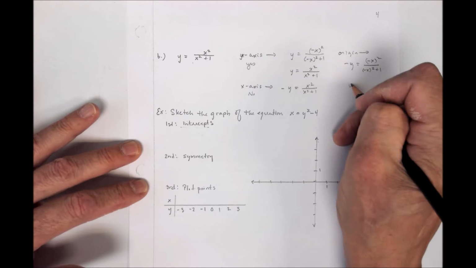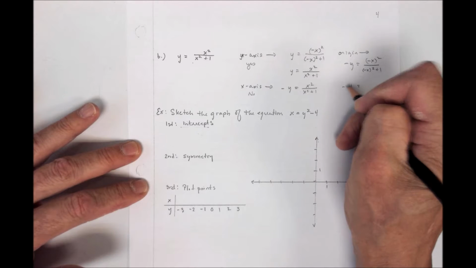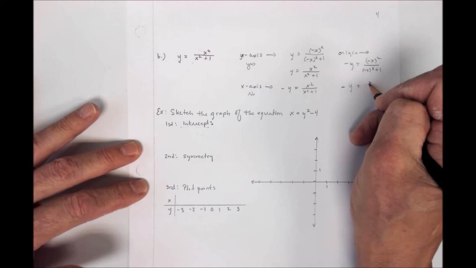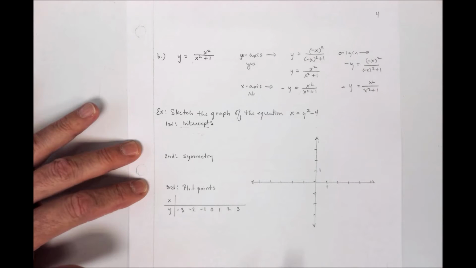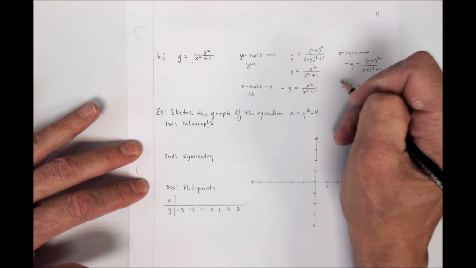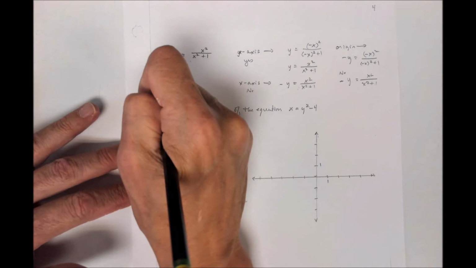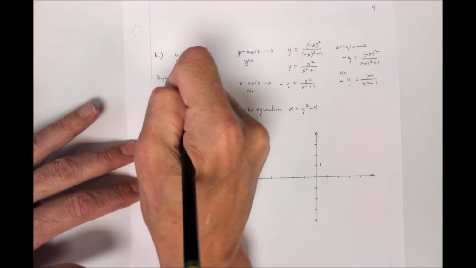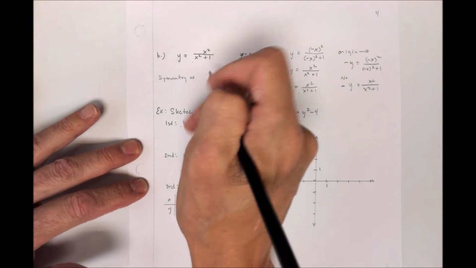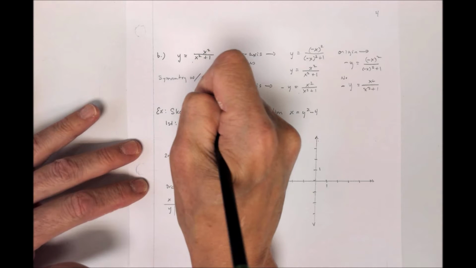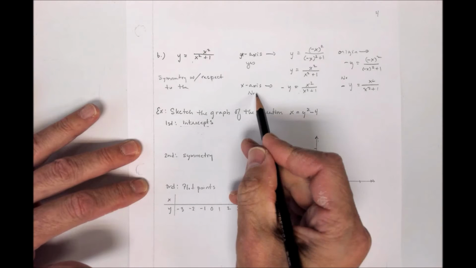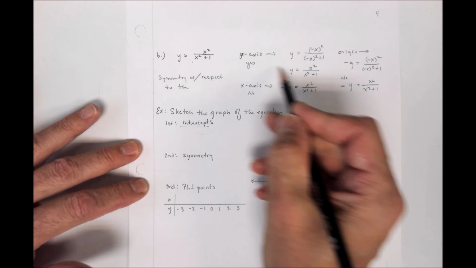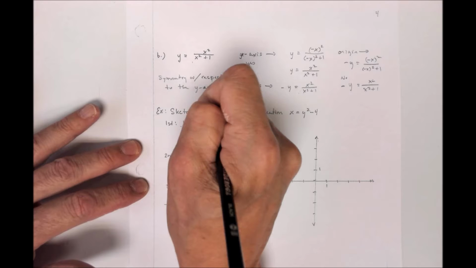So the opposite of y is equal to x squared all over x squared plus 1, and I'm back in the same situation I was in when checking for symmetry with respect to the x-axis. So this one is no as well. So symmetry with respect to the y-axis.